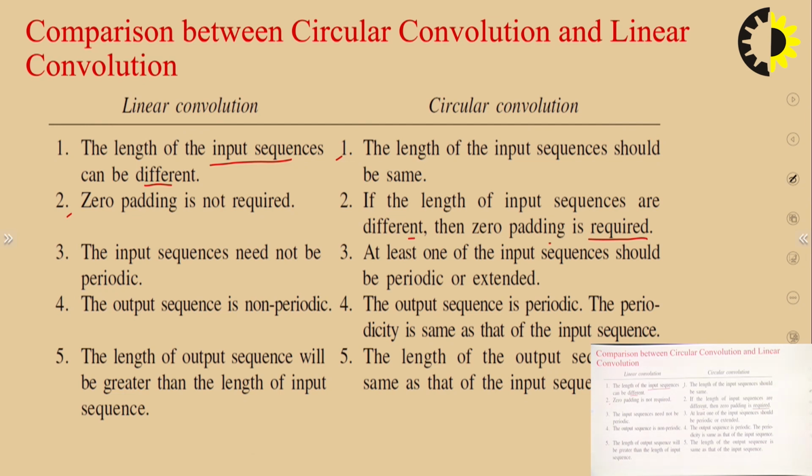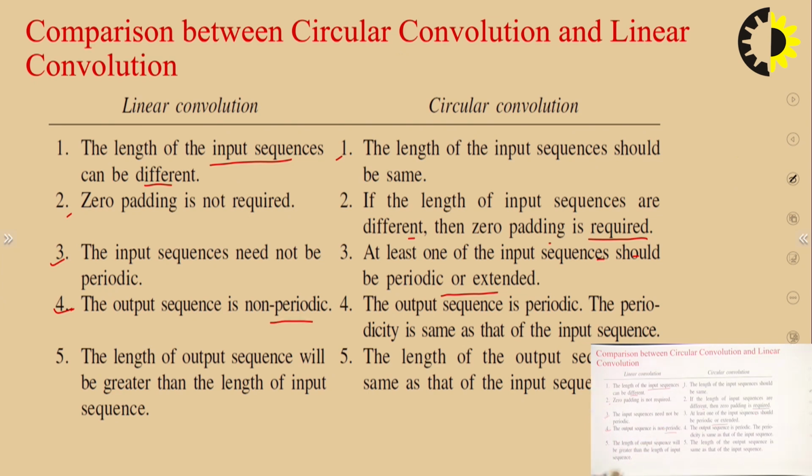In linear convolution there is no requirement of periodicity, so the input sequence need not be periodic. In circular convolution, it is a must that at least one of the input sequences should be periodic or extended, meaning if it is not periodic, then we can make it periodic by extending it. In linear convolution, the obtained output sequence is non-periodic.